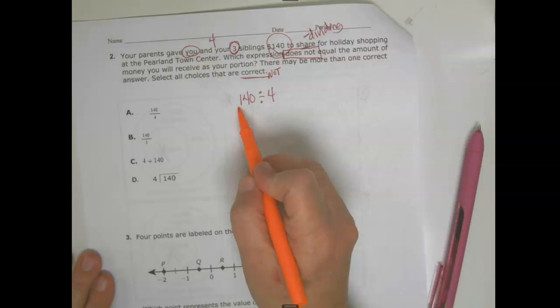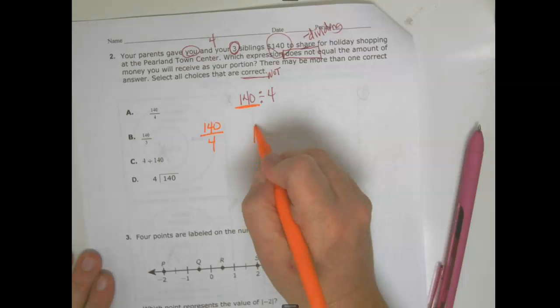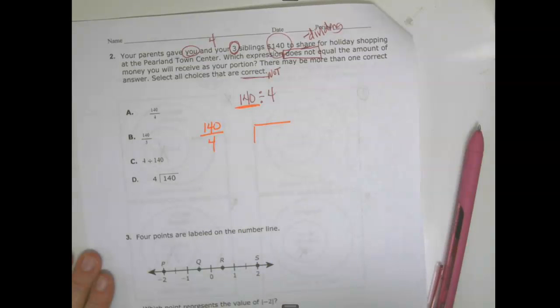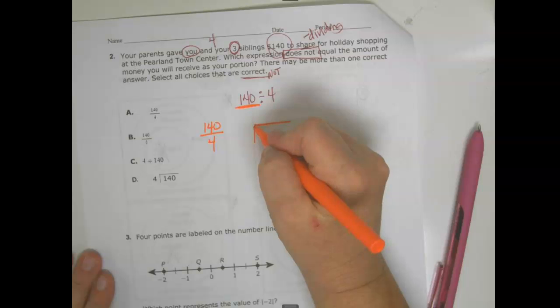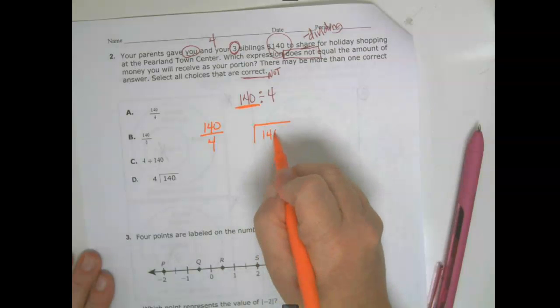When you are using division, the first number goes on top, the second number on bottom. When you're dividing using the division box, the first number, or the top number, goes inside.